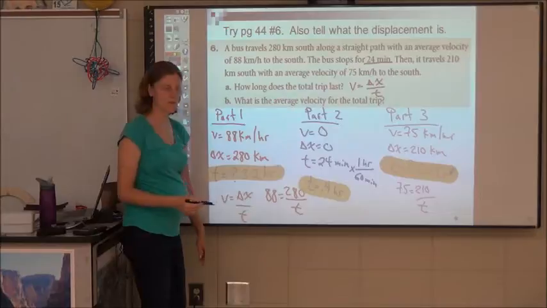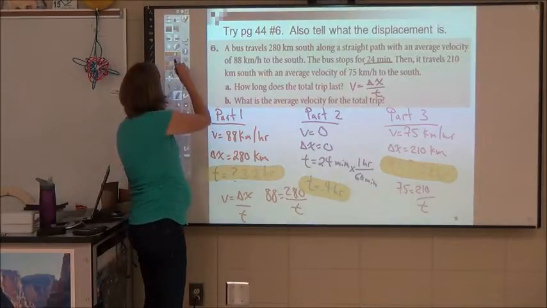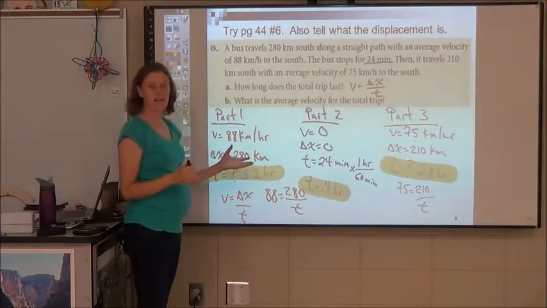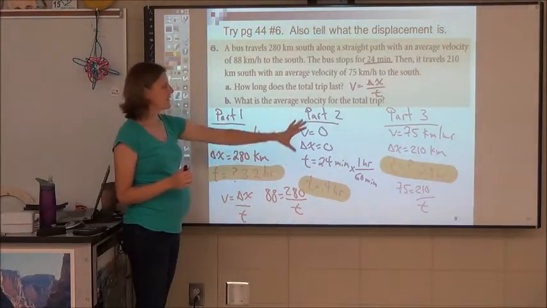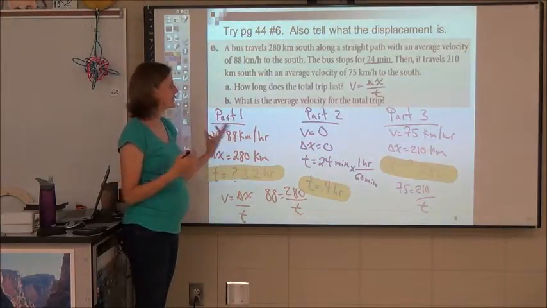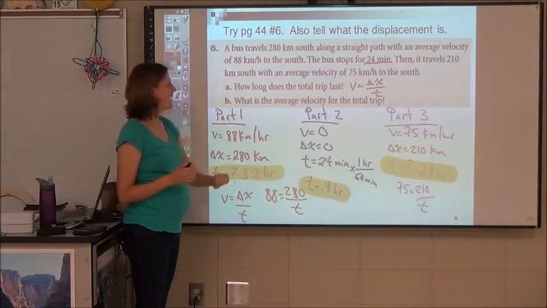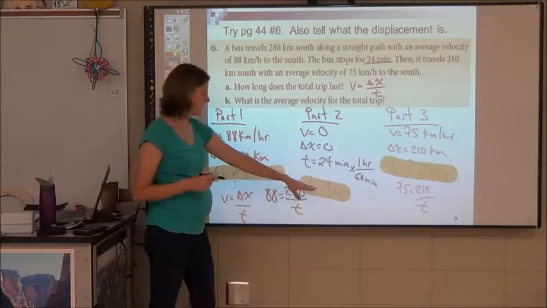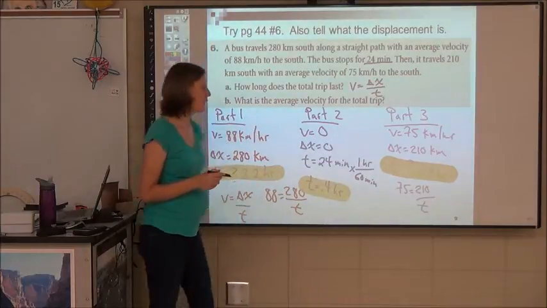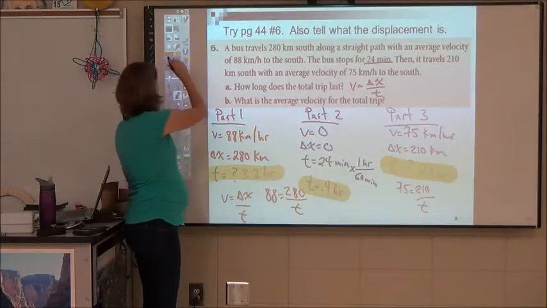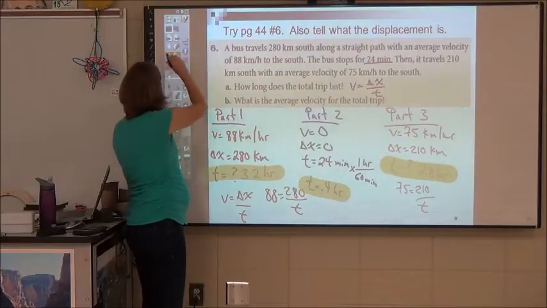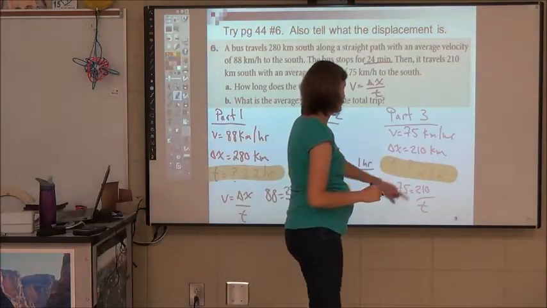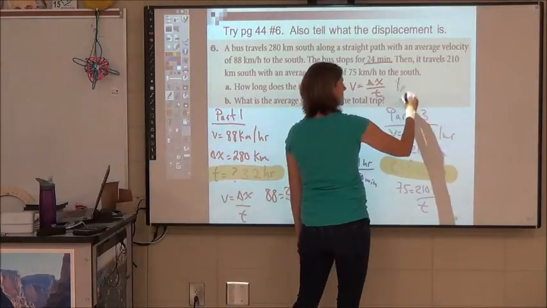All right, hopefully you can see that. Okay, so that was a lot of work. We've broken down all the information for each part of this trip. Still haven't got my final answer. How long does the total trip last? I want to do 3.2 plus 0.4 plus 2.8 to get my final answer. So that's going to give me 6.4.